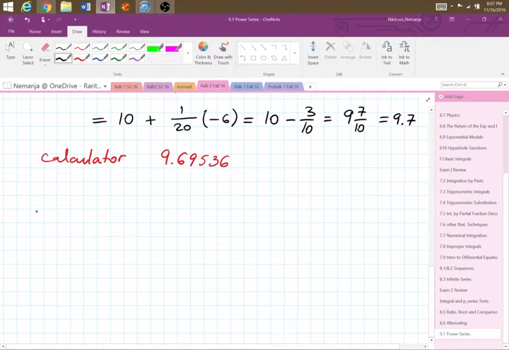All right, so let's now figure out the second, right? So we want to do the quadratic approximation.